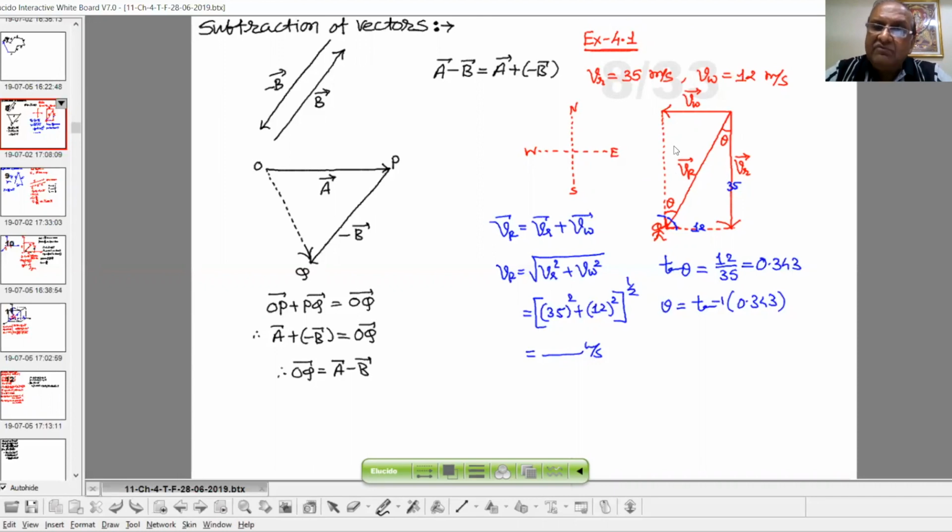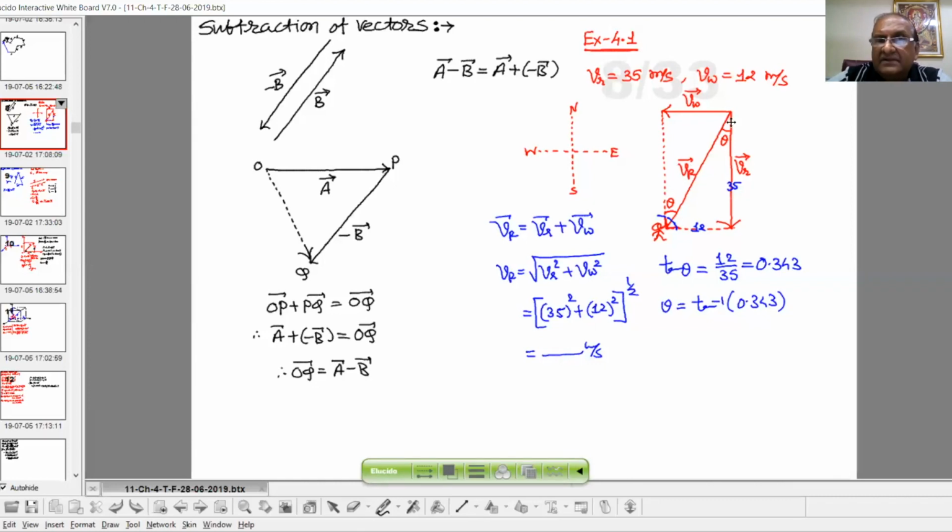Now we have to find the magnitude of this resultant velocity as well as direction. So first we can write, as per Pythagoras theorem, magnitude of VR capital, that is under root VR square plus VW square. Substitute the values of VR 35 and VW 12 and then solve it. So we will get the resultant velocity of the rain.